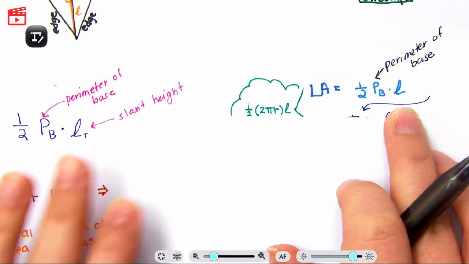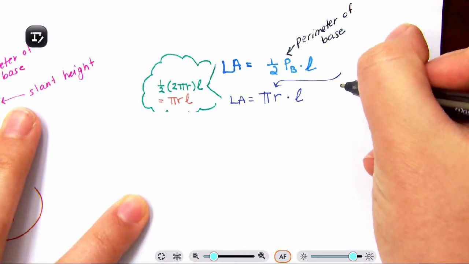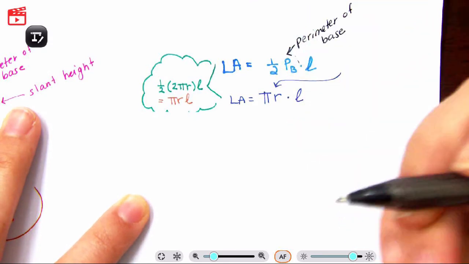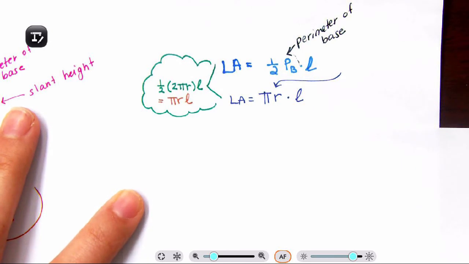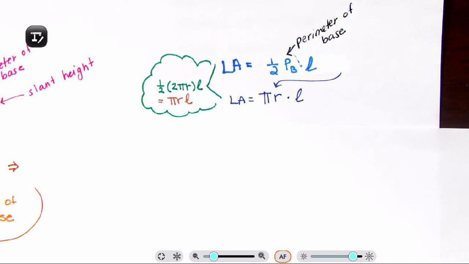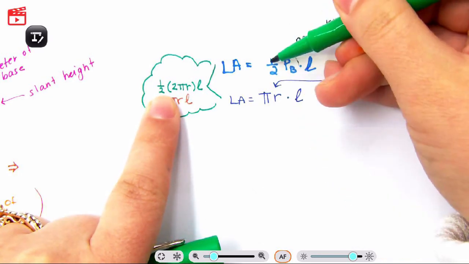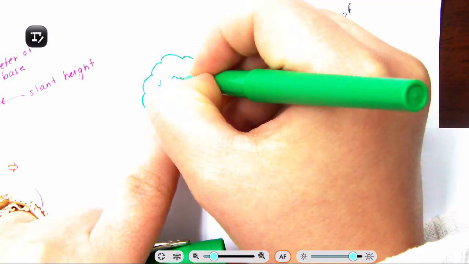So far, everything's the same. Where it changes is knowing that we have the perimeter being your circumference. So here in the green thinking bubble, let's talk about that. I have 1/2. The perimeter of the base is our circumference. So this right here is your circumference.